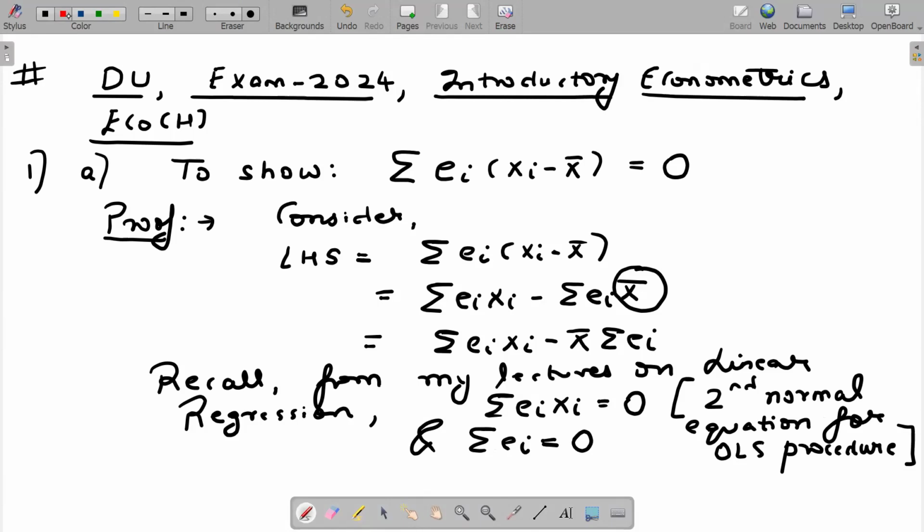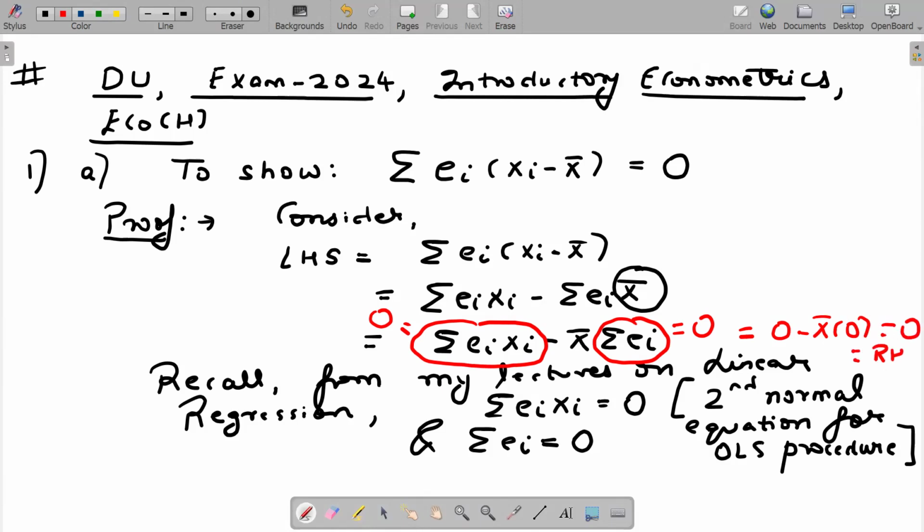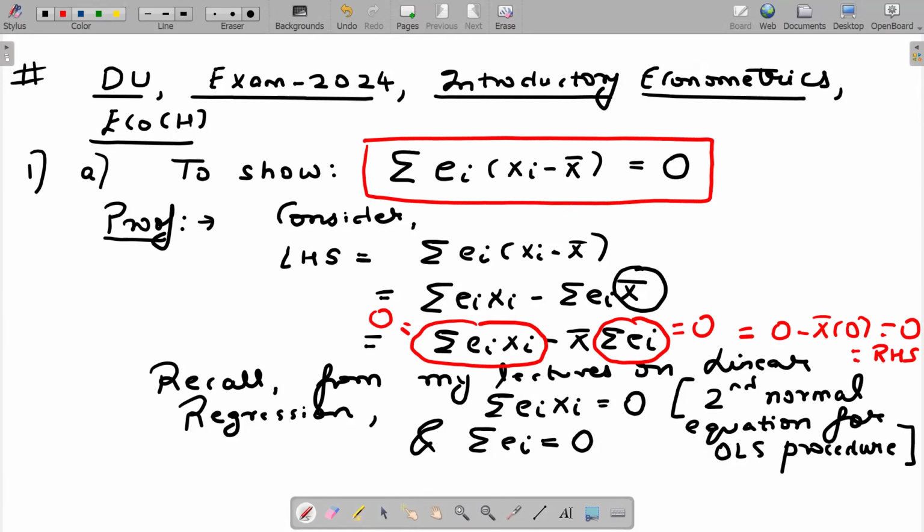So this is equal to 0, and this is also equal to 0. So my whole expression will be 0 minus x bar into 0, which is 0, which is equal to the right hand side. So I have shown that summation ei times (xi minus x bar) is equal to 0.